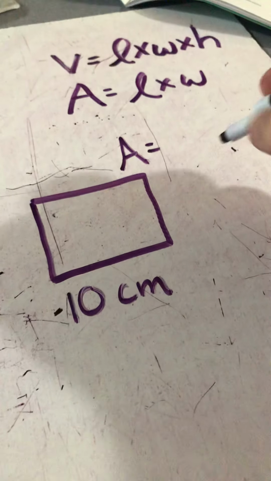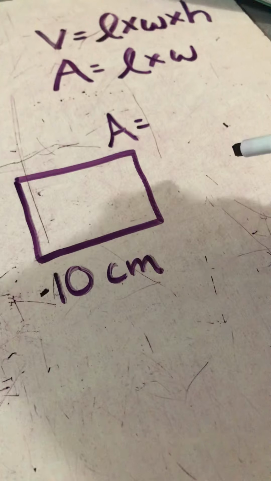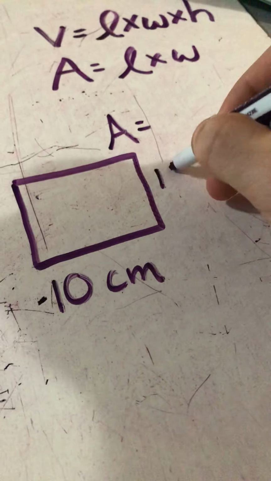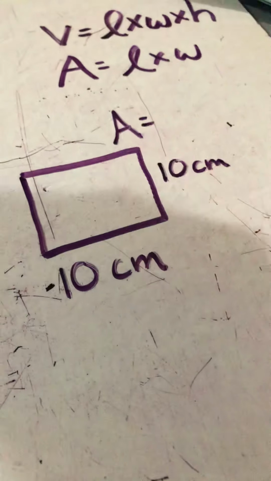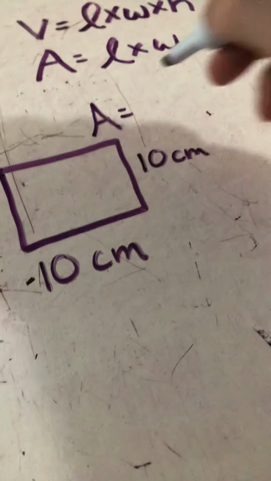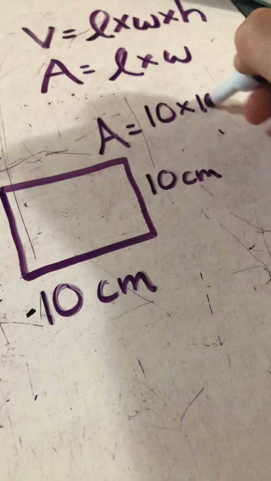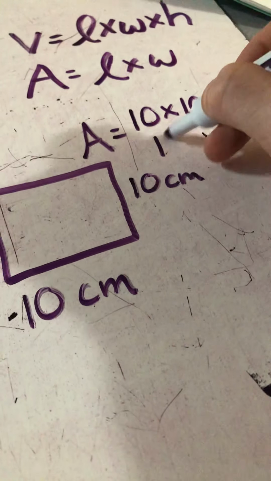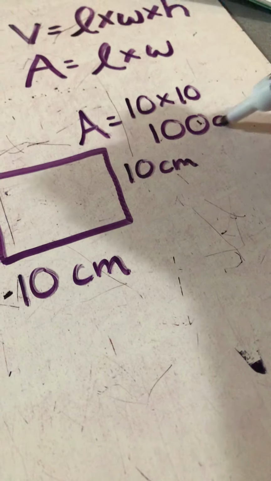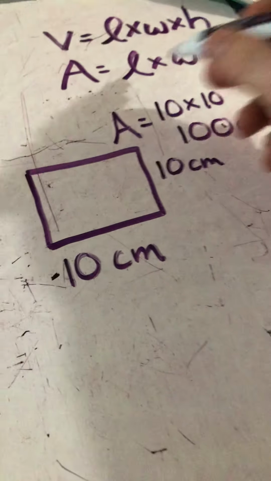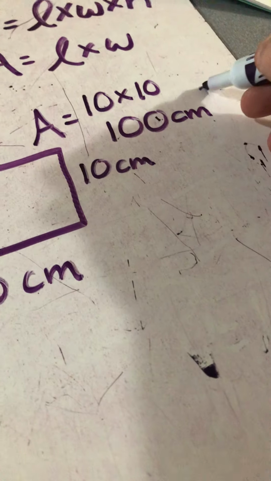Okay, here we go. You have your length. If all the side lengths are the same, you have a width of 10 centimeters as well. Length times width is simply 10 times 10 equals 100. 1 times 1 is 1, add your two zeros. Our unit is centimeters, and there are two dimensions, which means we need our little baby 2.